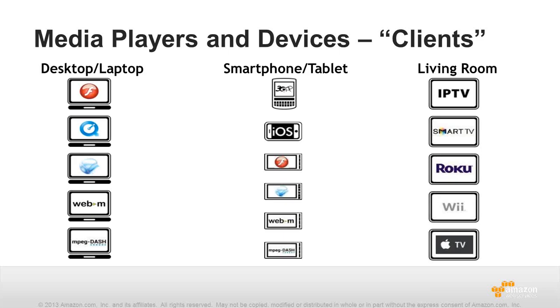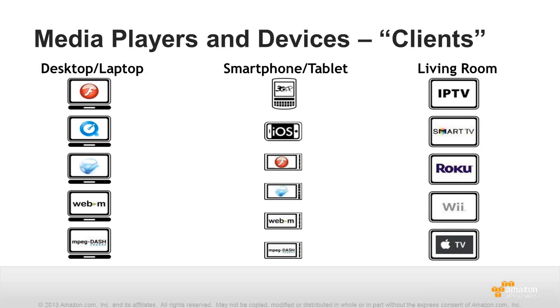Just a quick comment here in terms of media players and devices. This is really where your viewers, your end users, are interacting with your content. So it's super important, but at the same time also confusing because of the variety of options available in terms of different devices and different types of players on those devices.